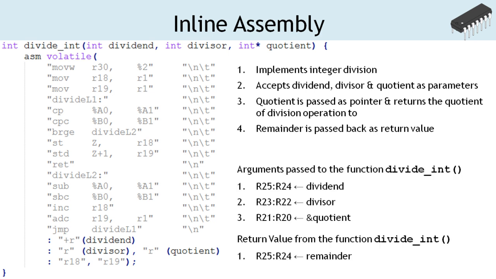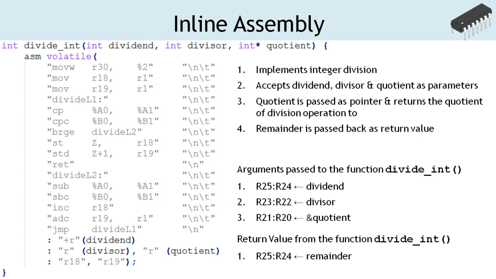With reference to the parameter passing convention used by the compiler, the register pair R25 and R24 is used to pass the dividend. R23 and R22 is used for the divisor, and R21 and R20 is used for the quotient. And the remainder, that is the return value, is passed back using register pair R25 and R24 to the calling function.